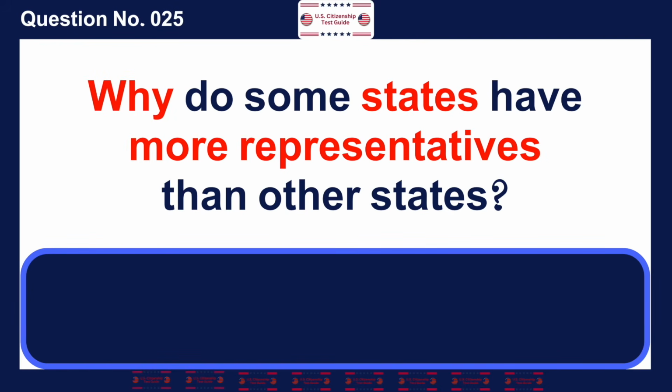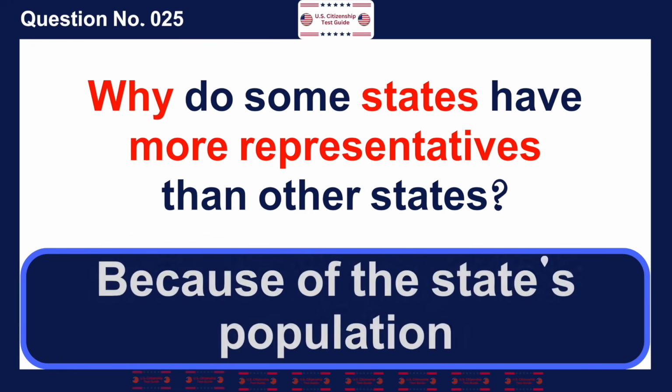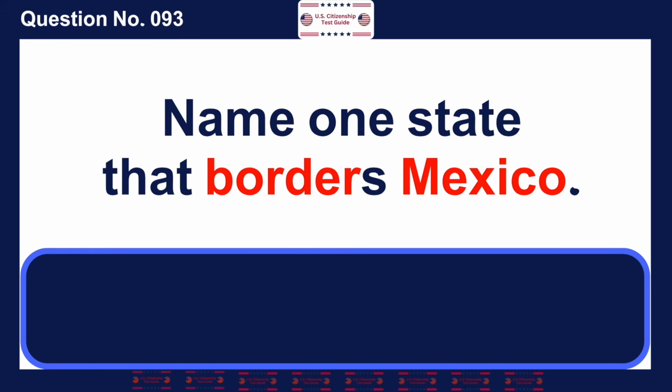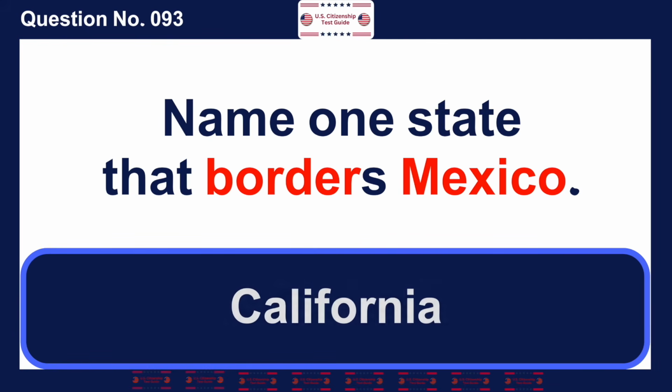Why do some states have more representatives than other states? Because of the state's population. Name one state that borders Mexico. California.